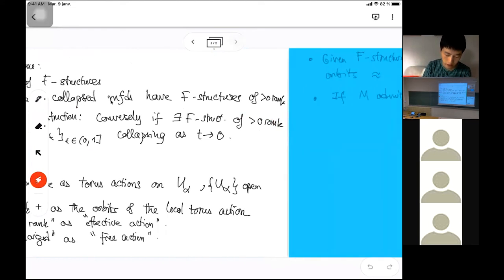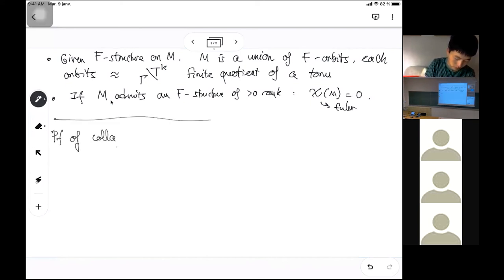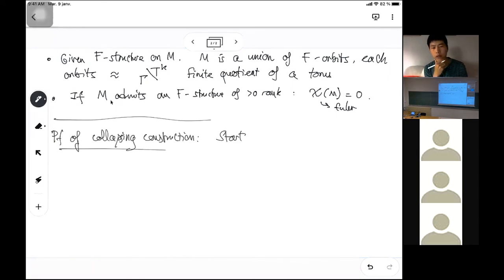So now let me say a bit more about that. Construction. First of all, and maybe I forgot to mention that last time, but in the proof you start with a metric that is invariant for the F structure.